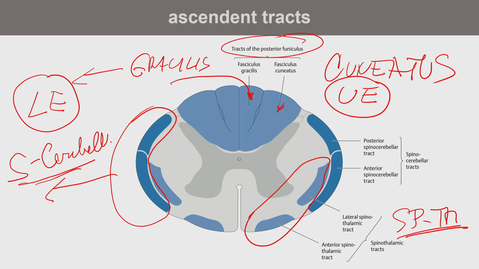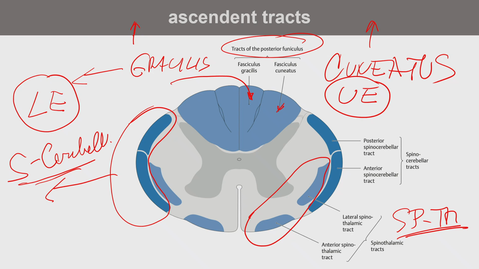And please remember that we have some differences. Those cuneatus and gracilis are not related at the level of the spinal cord. Cerebellar and thalamic tracts are related to the next neuron at the level of the spinal cord.